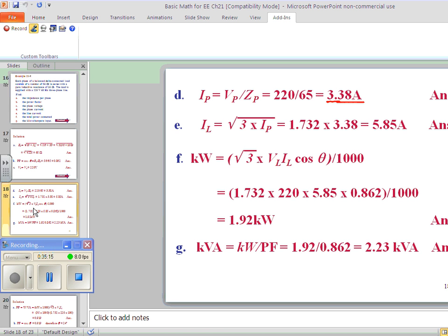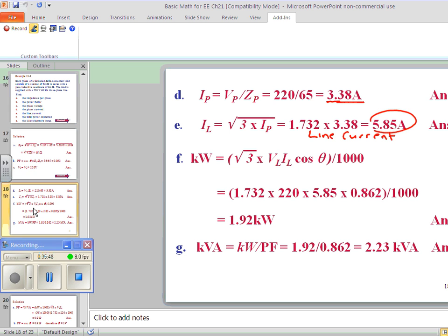Phase current is equal to phase voltage divided by the impedance, and so we have 3.38. We plug that in and multiply it times the square root of 3 to get our line current. If they're going to find the power, they're going to do it with line current and line voltage.